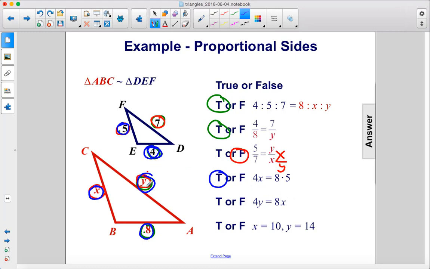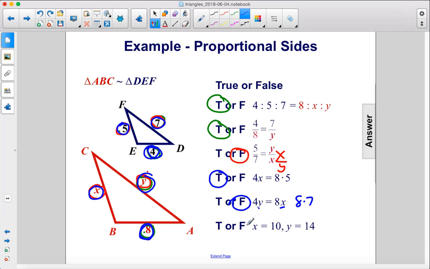So bottom times top equals bottom 8 times top 7. Oh, look, this says x. This should be 8 times 7. So this is false because we see here it's 4 times y equals 8 times x. So these sides do not correspond to x and y.